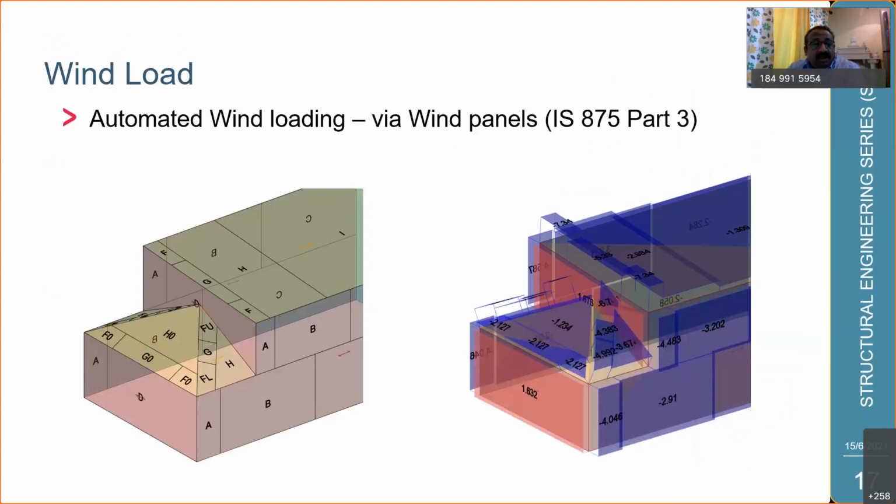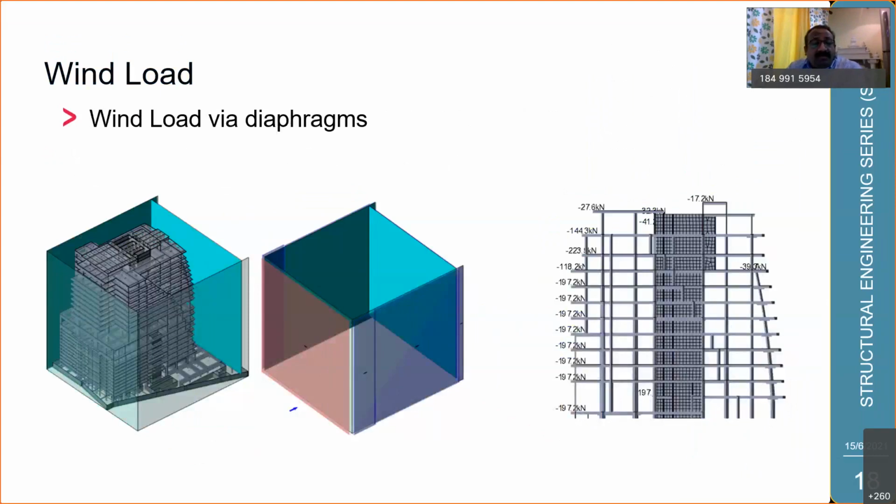The simple loading, and even the automated wind loading, and by the wind panels as per the standards of practice, like IS 875 Part 3, and wind load via diaphragms. Any complex loading also can be applied, and automatically the software will take care.